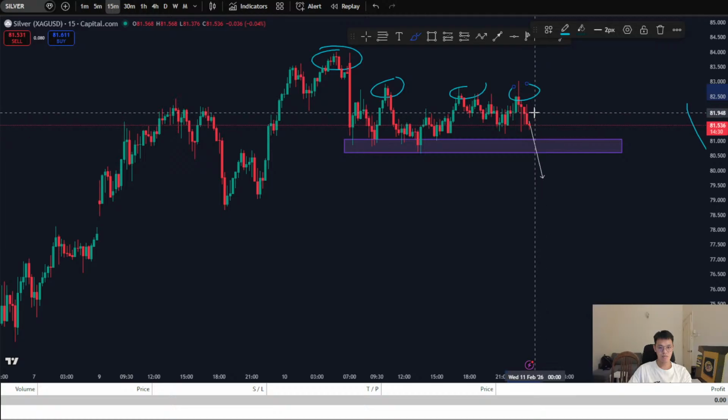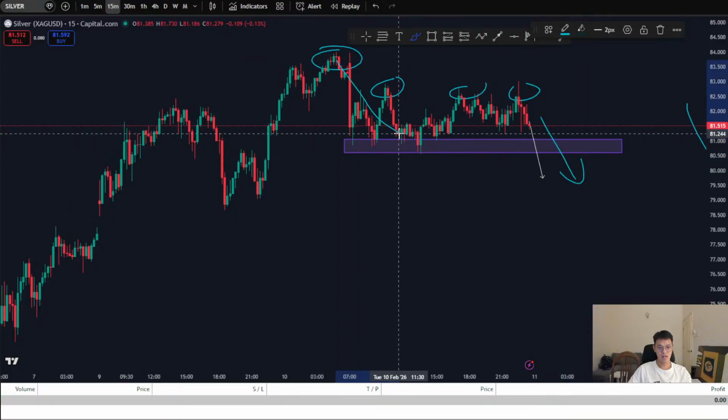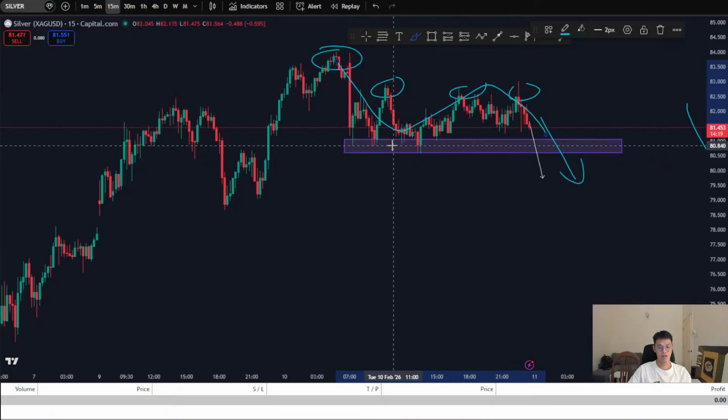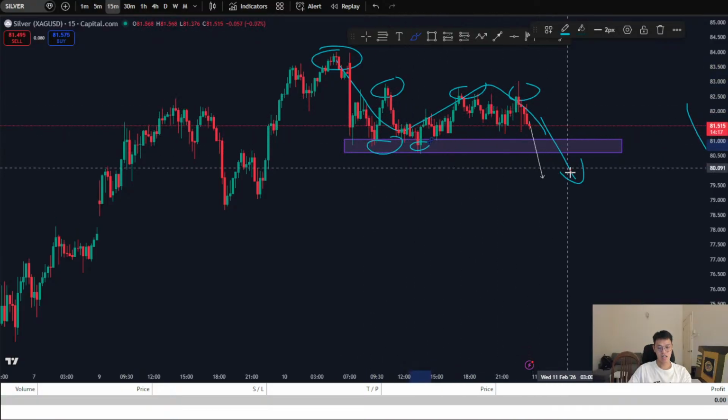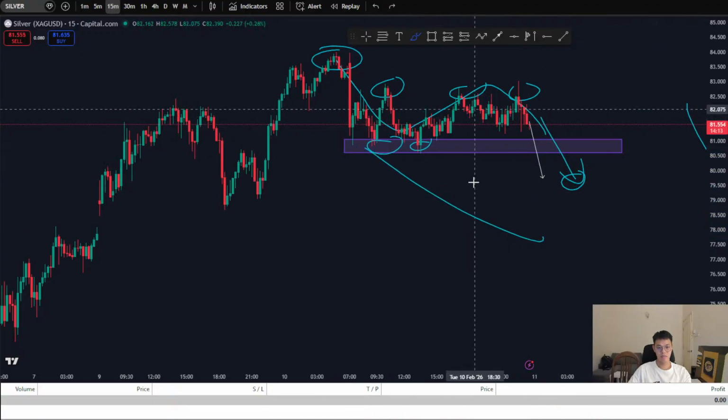So if the price breaks this support level, the significant low, the structure will form a downtrend structure, which means the lower low will officially form.